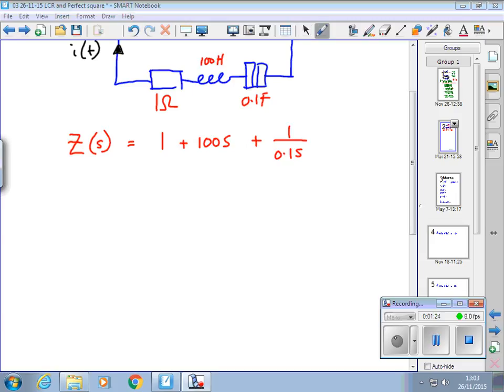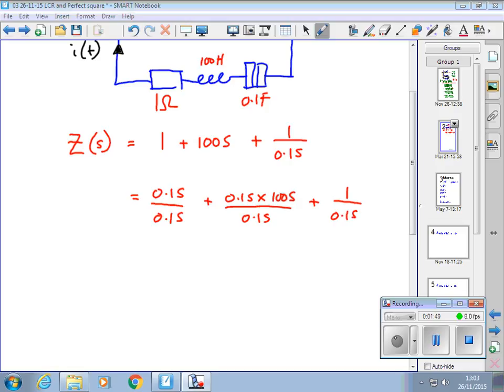So the first term is going to be 0.1S over 0.1S. That's just 1. If I multiply the top and bottom of the second term by 0.1S, I get 0.1S times 100S over 0.1S, and the last one is already over 0.1S.